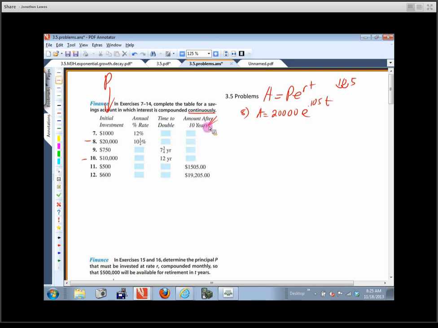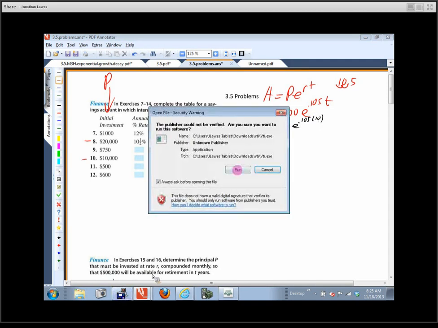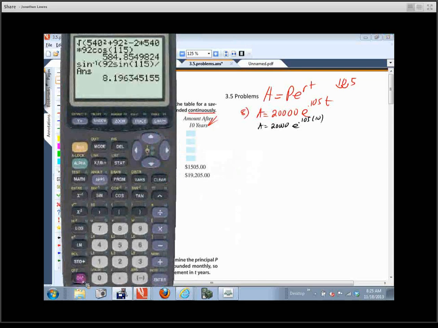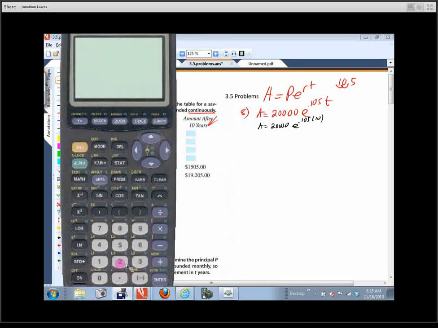So let's do this one right here. They want to know how much is present after 10 years. What do we do? Plug 10 in for t. So this is going to be A equals, so grab your calculator, 20,000 e to the 0.105 times 10. And you're going to need to use your calculator a lot on these problems. So we've got 20,000 exponential base e, 0.105 times 10.